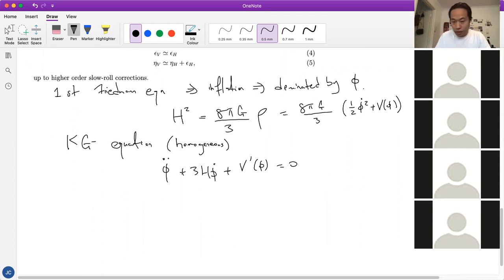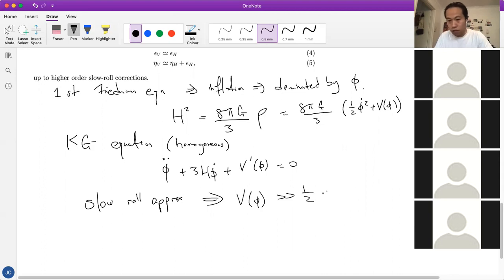Okay, so now that we have these two equations set up, we just want to apply the slow roll approximation. If you remember, that means your potential for the inflaton field is dominating over the kinetic term. So it's rolling very slowly. And the requirement for this is that your field has actually been stuck on the Hubble friction.